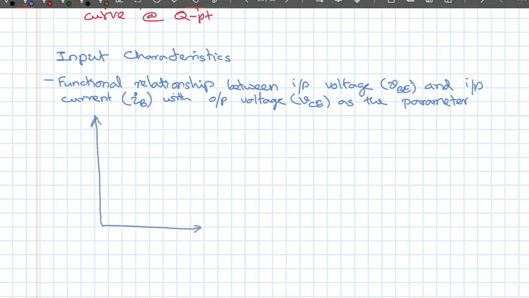The input characteristics, we looked at something like VBE versus IB, and we said it is pretty much something like this. It's a diode characteristic, right? So this is what we said. We did not mention anything about this being a function of the output voltage, and also this is about 0.7, the forward voltage drop.